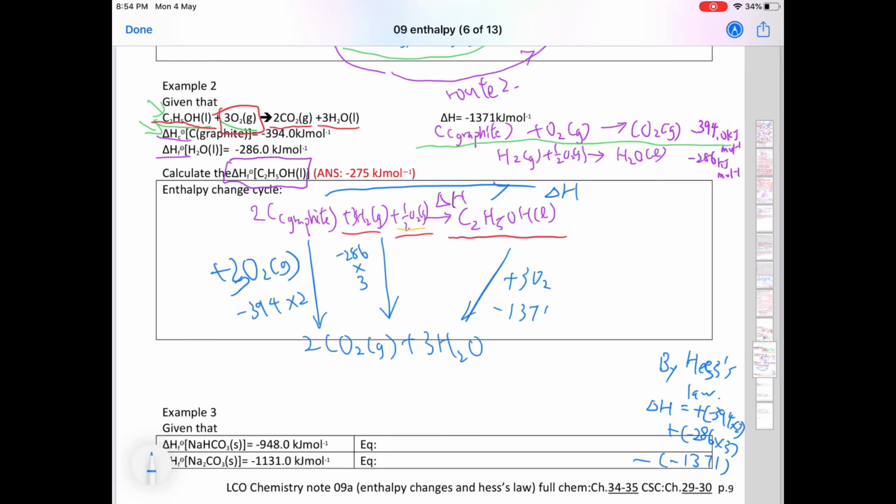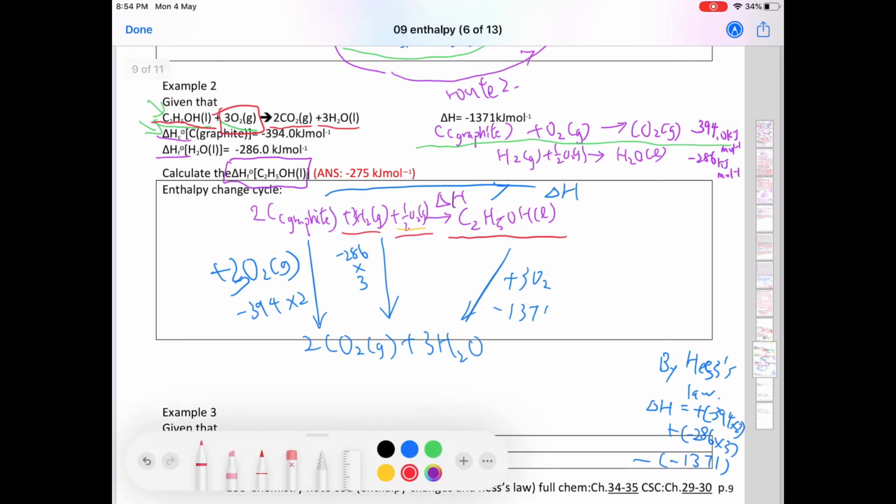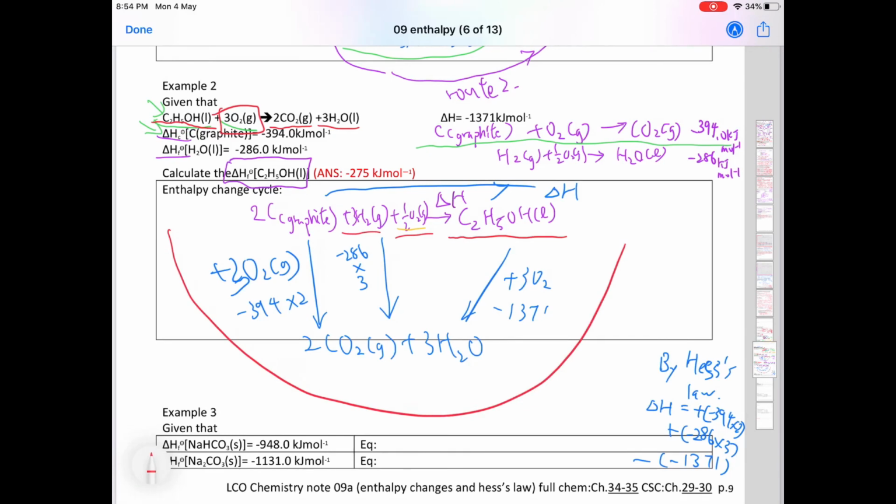And again, when you are considering the second route, you can see that the first 2 steps are in the same direction as our route 2. However, the third step is opposite in direction, so we need to sum the first 2 enthalpy changes and then minus the enthalpy change of the combustion of C2H5OH, and this is the third way to do it.